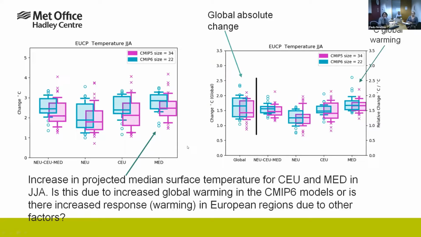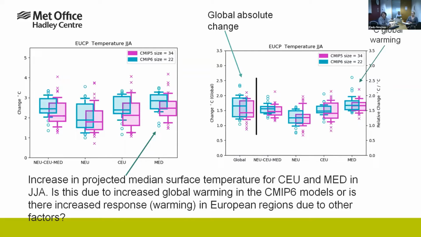One of the questions we asked when we saw these results was how much of this change is to do with the global differences in the CMIP6 models, or is there something different going on in the Mediterranean and Central Europe in CMIP6?